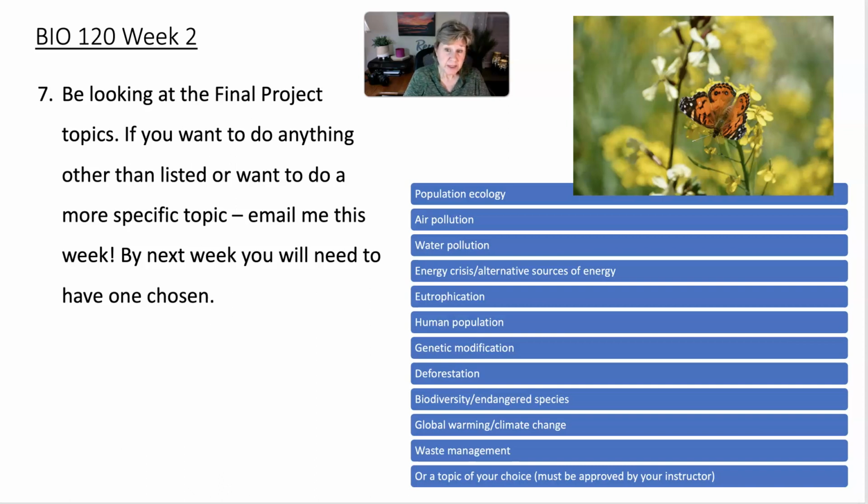So population ecology. This is the study of populations. So that's members of a species that live together in a particular time and place, and how they affect their ecosystem. So if I were going to do a project on population ecology, I think I would get more specific than that, and I would choose some particular species that's in my area that I'm interested in. So, for example, coyotes.